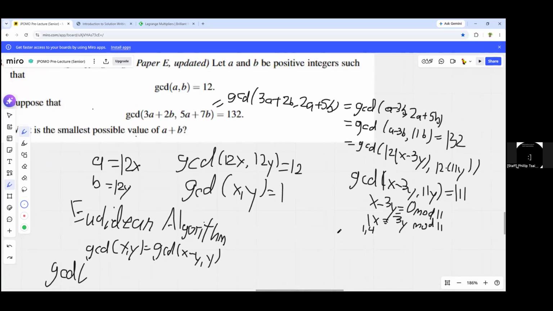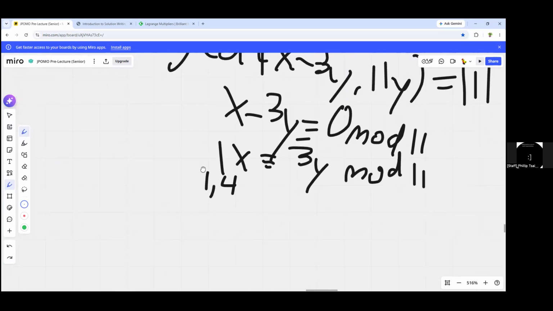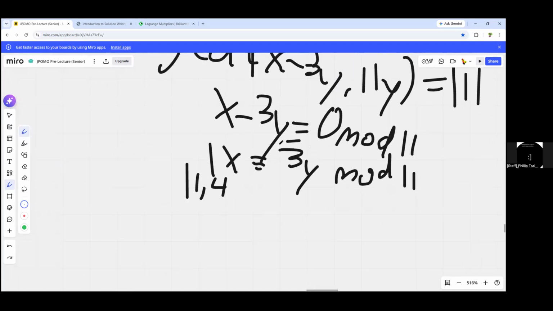Yeah, but we have to also test out other values of x and y. We can also increase or decrease y by 11 or x, but we're testing out values of x, so we only care about what y is going to be.